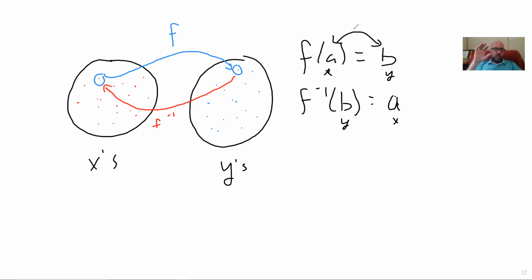And what that looks like in a table or graph is actually really simple. So for instance, let's do tables first. Tables are easy. They're probably the easiest ones. And we'll see what it looks like on a graph. So in a table, let's say I have x and then f of x.